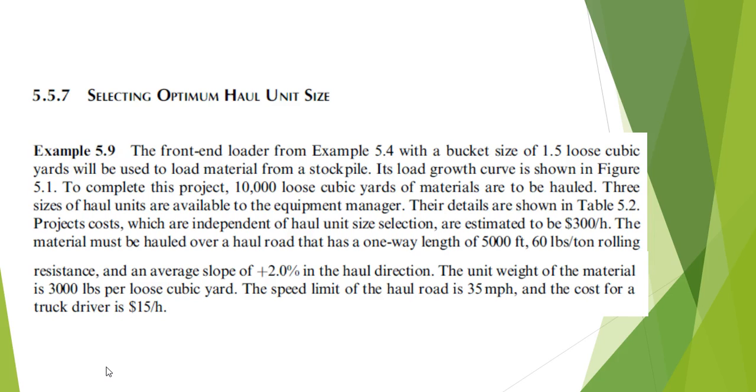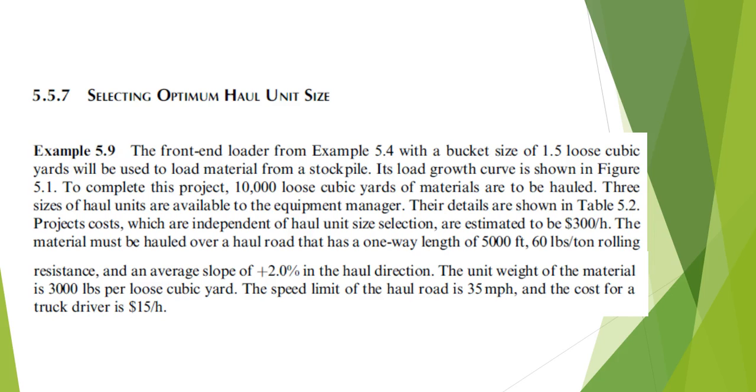Besides the number of trucks, another important factor, especially if you're loading trucks, is the size of the truck. So if you have, again, a front end loader we've been using with that 1.5 yard bucket, and you want to haul material from a stockpile, and we go back to that first growth curve that we looked at, 5.1.